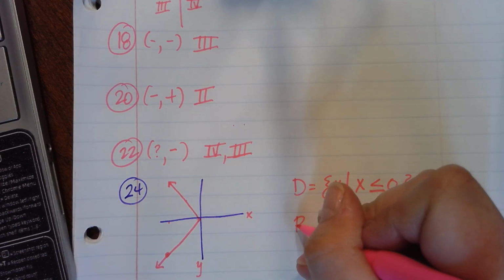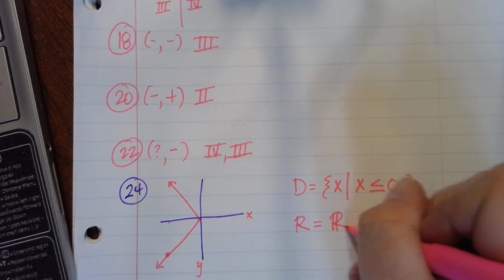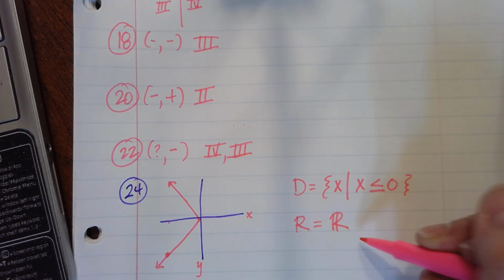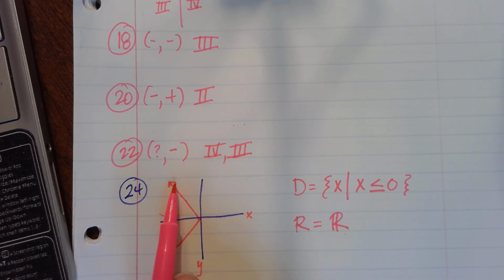Now, for your R, it's going to look like this. You're going to do your little double line. It's kind of like it has 2 backs, right? So I go 2 lines and then I make an R on it. And what this symbol means is all real numbers. All right, because if I look up here, if I'm in this coordinate, my x will be a negative, but my y could be a positive number.